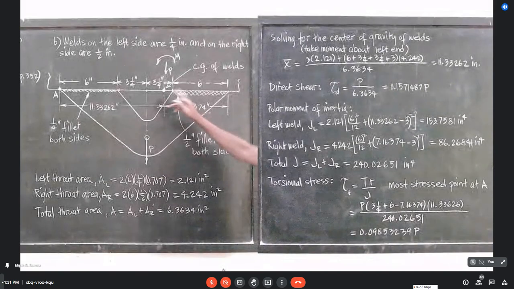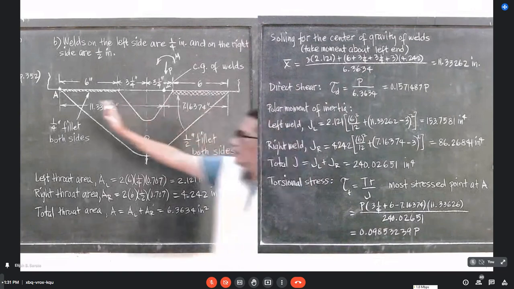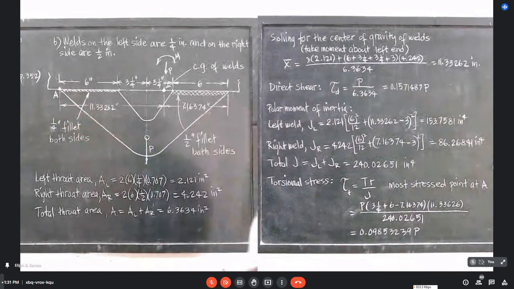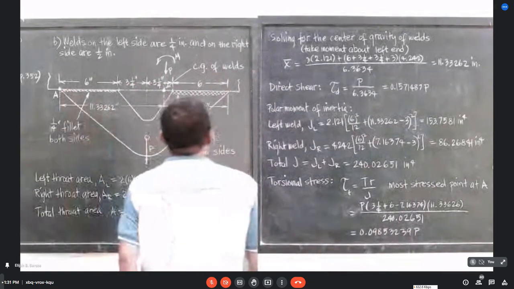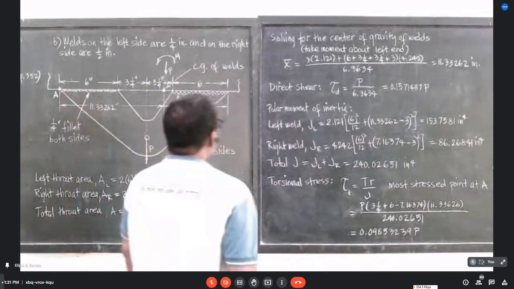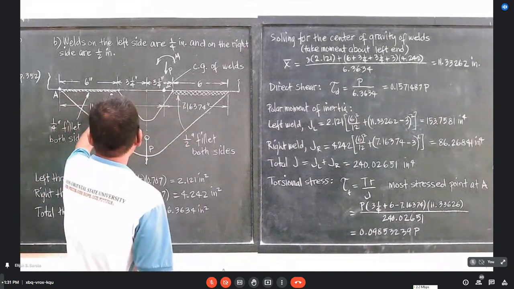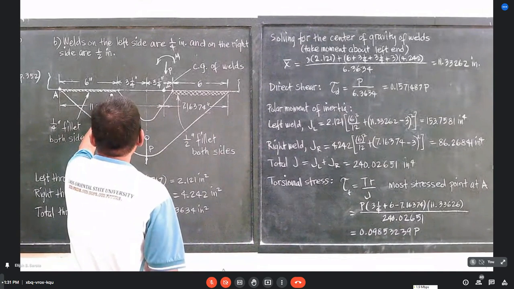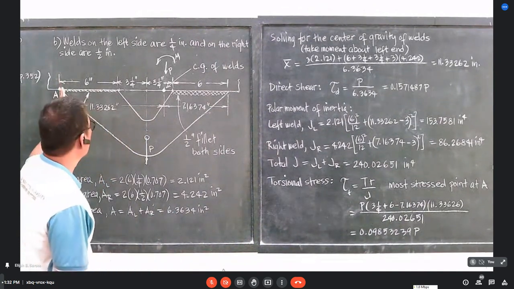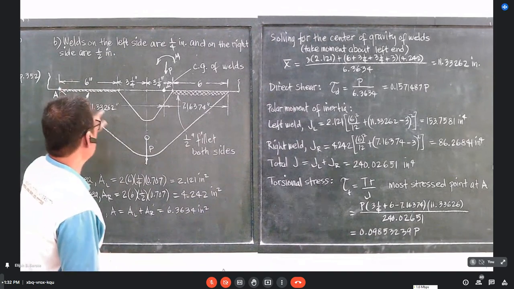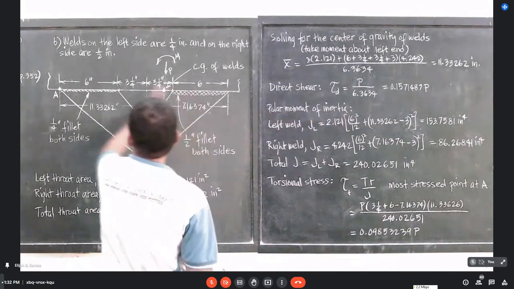Our reference is on the left end. We take moments on the left end. So we say this throat area times its distance from this reference plus this throat area times its distance from the reference.